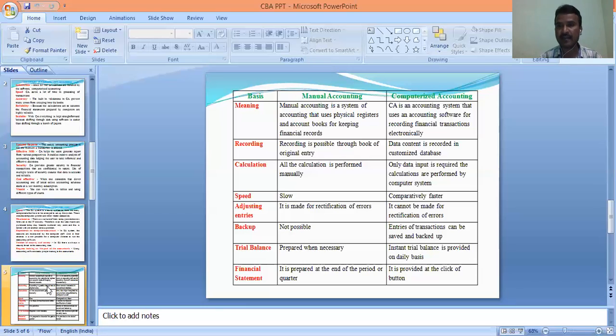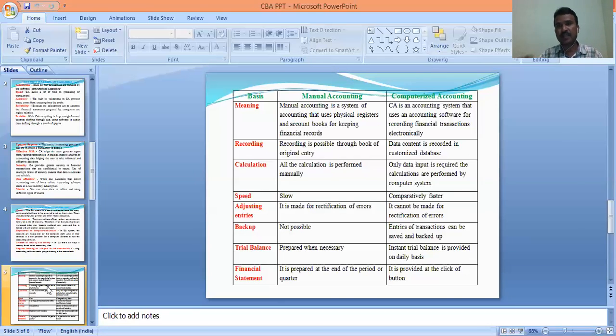He has to calculate each and every aspect manually only. For example, debit 2000, credit 2000: are both matching or not? He has to check all the debit balances and all the credit balances, calculating and totaling them one by one.